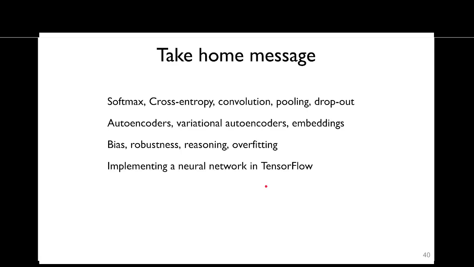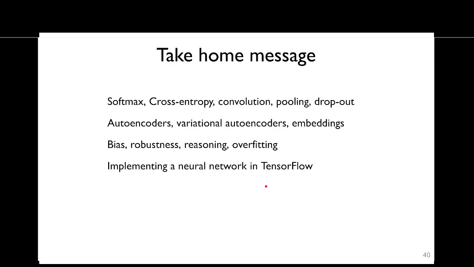So, take-home message for today's video, pretty much. You should understand why we have softmax, what softmax is, why we have cross-entropy and how it works. You should understand in the architecture of neural networks what convolutions are, pooling and dropout. You should understand the concept and also have a basic understanding of how to implement autoencoders, variational autoencoders and embeddings.